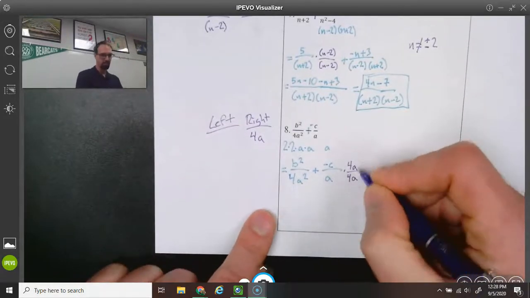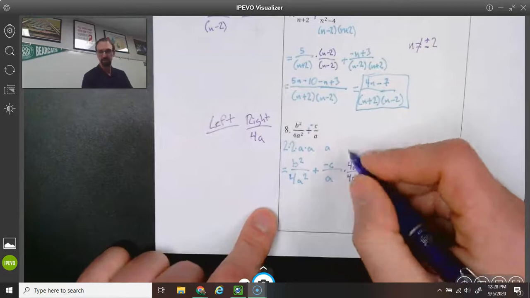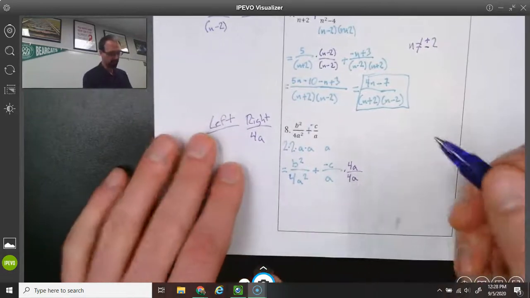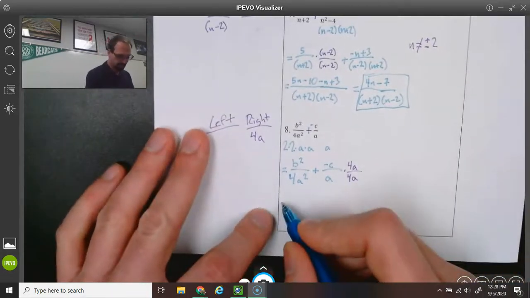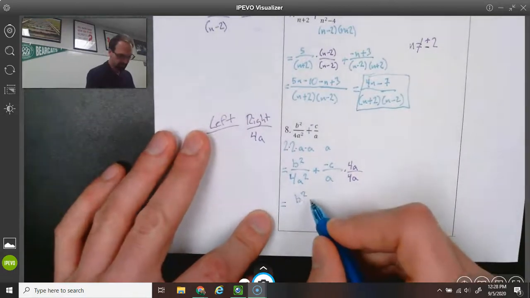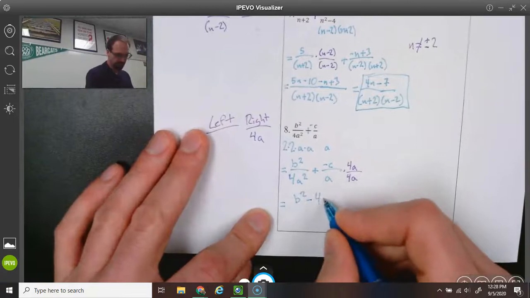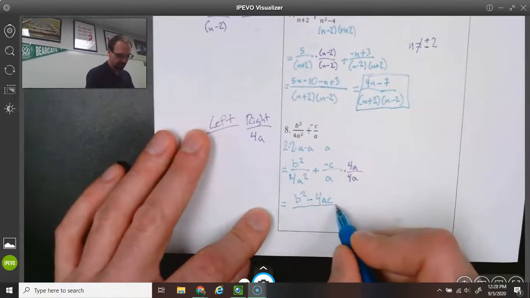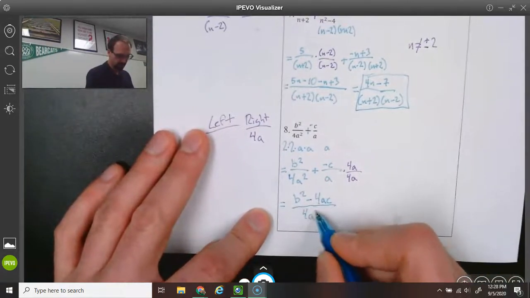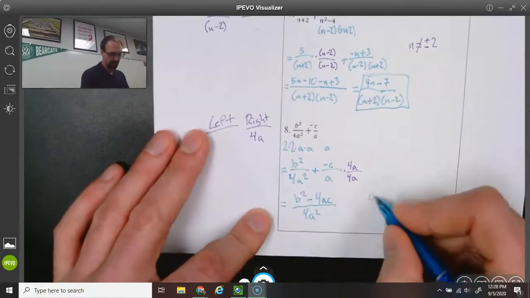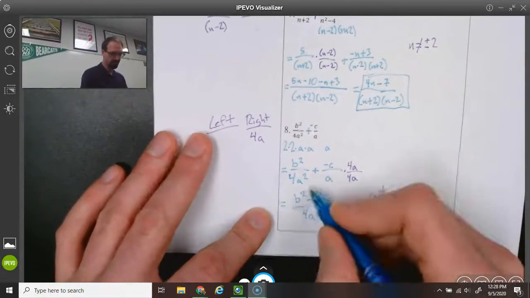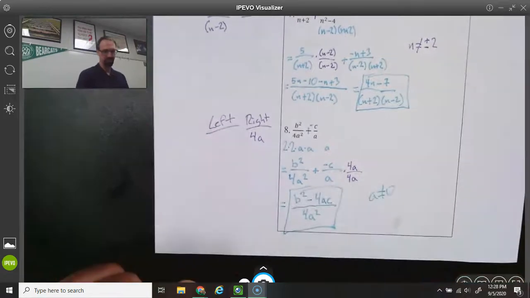Now, we can multiply all of these parts here because we're multiplying by 1. 4a over 4a is 1. Now when I simplify, I get b squared minus, looks like I'm taking 4a times c, minus 4ac, and then it's all over 4a squared. In this case, a cannot equal 0. So those are those two.